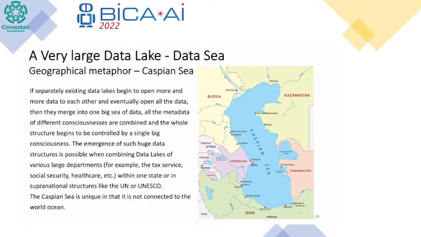There we are talking about existing data lakes beginning to open more and more to each other and open all data. Then they merge into one big sea of data, and all the metadata of different consciousnesses are combined, and the whole structure begins to be controlled by a single big consciousness.